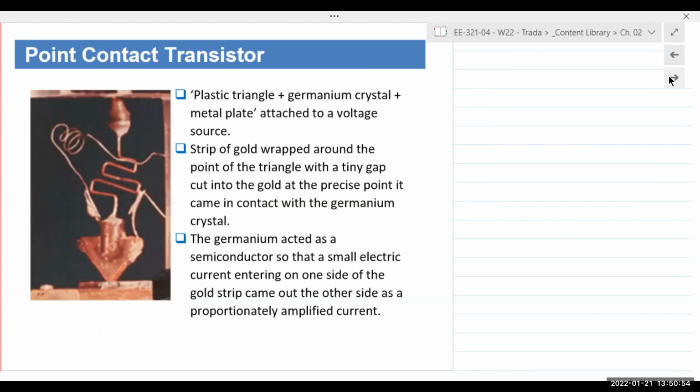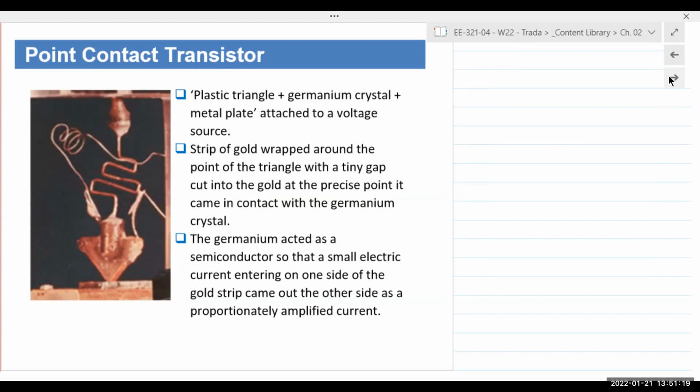So what was I saying? Oh, there's a gap in that gold contact at the tip of the triangle, which allowed the current to actually go through. Germanium, of course, is a semiconductor, and so when you had a small electric current passing through, it came out on the other side amplified, large in amplitude or magnitude.